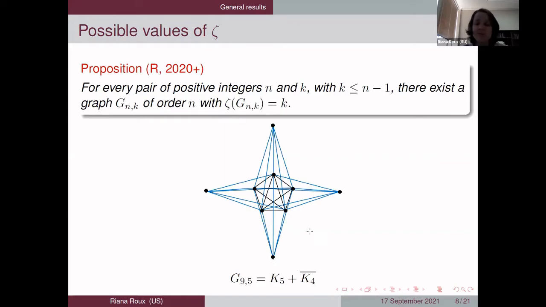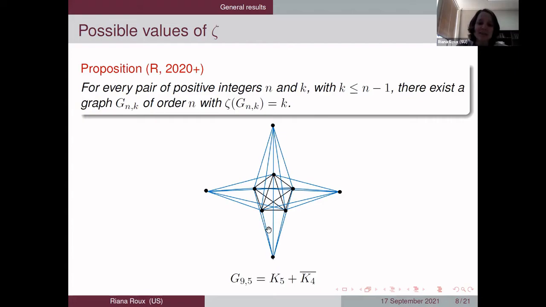For those of you who are familiar with colorings in graphs, this is the same idea that's used there. You have to have a certain number of colors in terms of your largest complete subgraph.